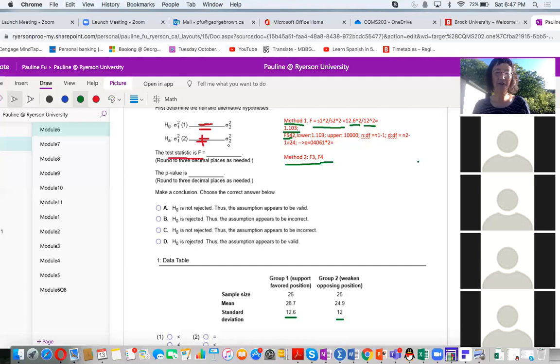And then you are asked SX1, which represents sample 1 standard deviation. That is 12.6. And N1, sample size 25. Do not confuse sample size with degree of freedom. Here, you are asked sample size, 25. And then next, you are asked for SX2, sample 2 standard deviation, 12. Then N2, sample 2 size, that is 25.